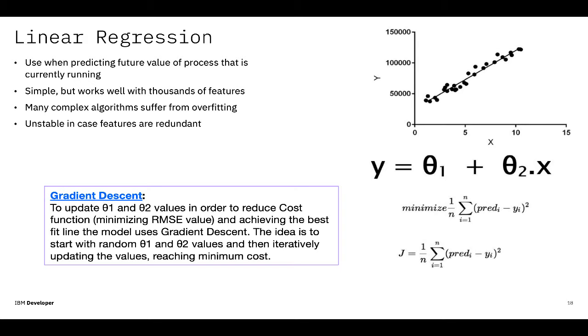However, it's kind of unstable in case features are redundant, so if you have many different features, it might not work that well. So these are just some things you can keep in mind when you're deciding whether to use linear regression. But again, with Watson Studio and AutoAI, it does this work for you. But sometimes you want to know what linear regression is and what that means.